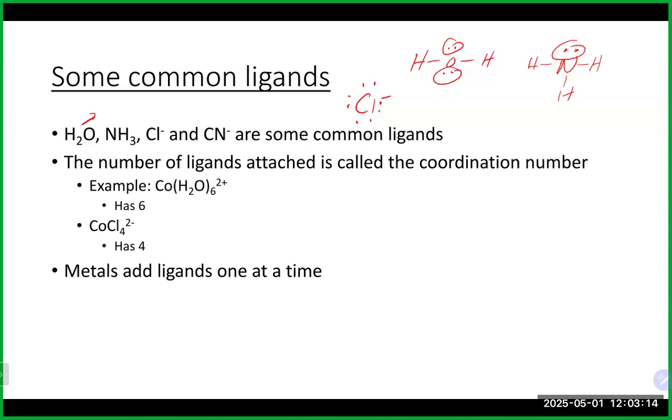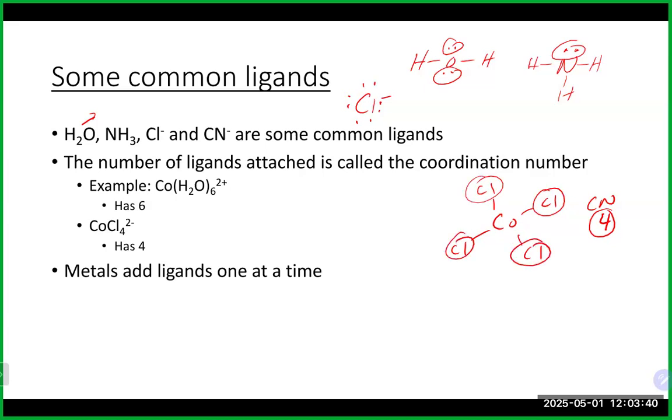A lot of times it's a transition metal in the middle. The number of atoms directly attached to it is known as its coordination number. So for example, if we take our cobalt example, it has 4 chlorides attached. Its coordination number is 4 in this case because it has 4 atoms directly attached to it.